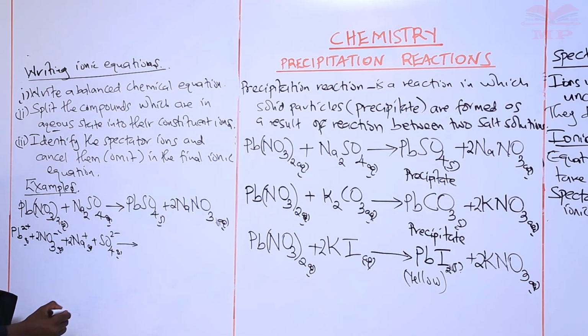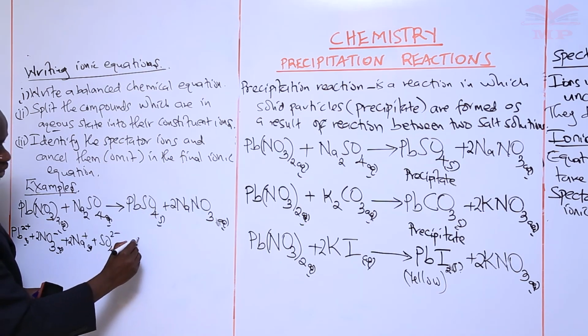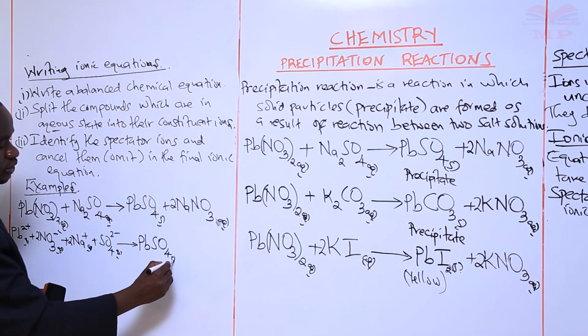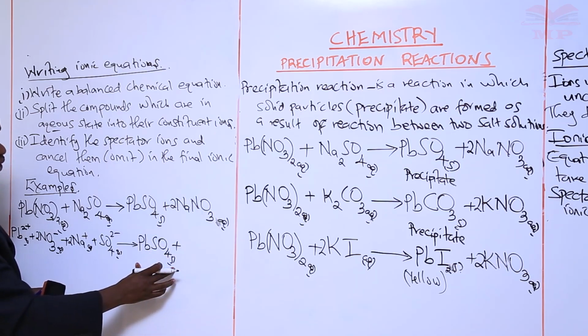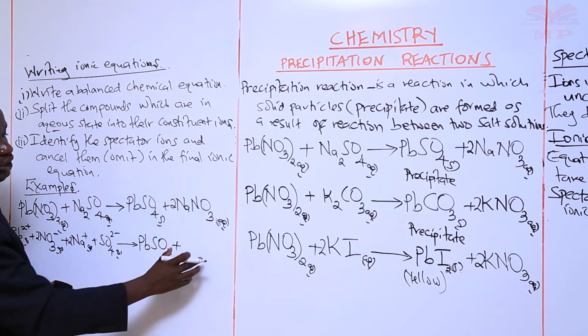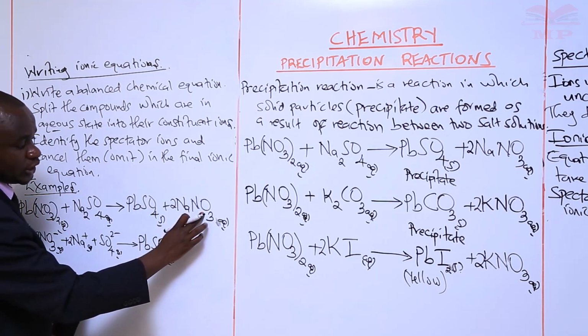Then the result will be what? The state symbol, lead sulfate. So this one will remain. Lead sulfate is solid, so this one, the ions are not split, but this one is aqueous. So we are going to have sodium ions and nitrate ions.